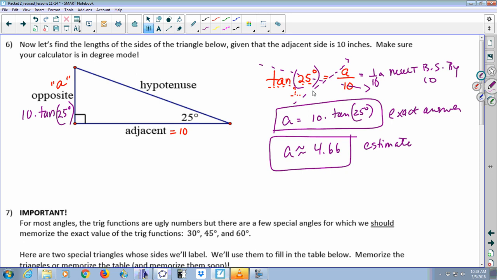So to find the hypotenuse, we'll call that C. I take the cosine of 25 degrees, which is the adjacent over the hypotenuse. And so similarly, to find C, I multiply both sides by C, and then divide by the cosine of 25 degrees. If that was too fast or you need to see that done, I will show you.